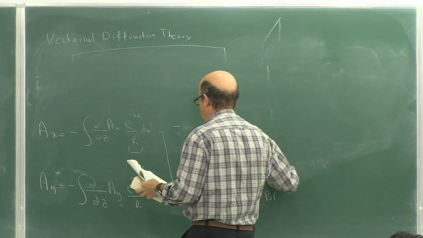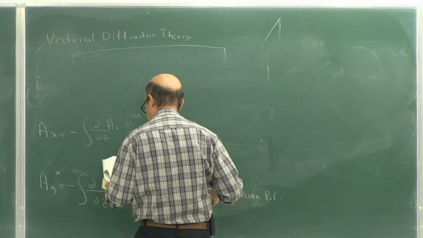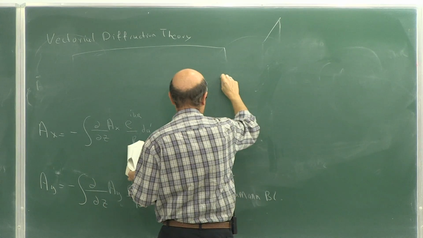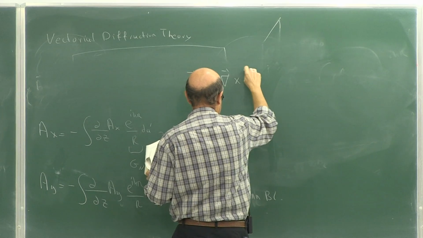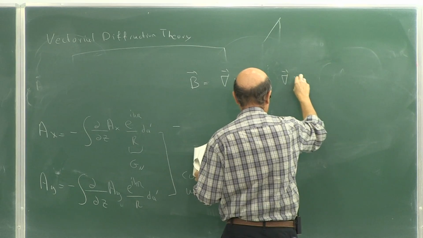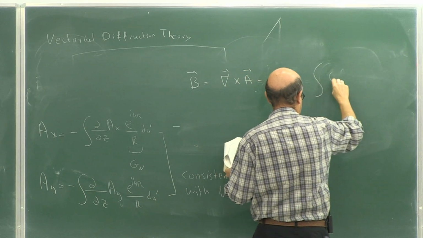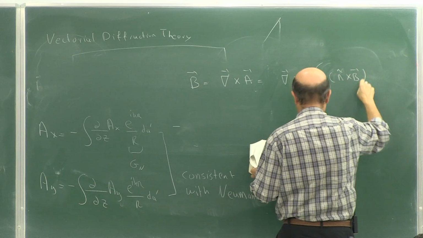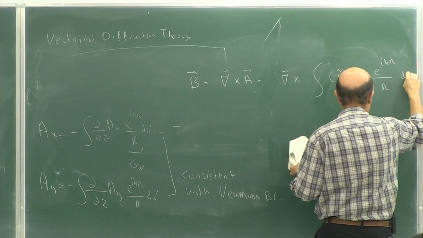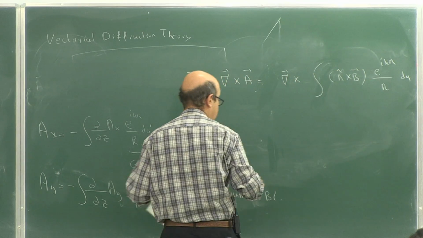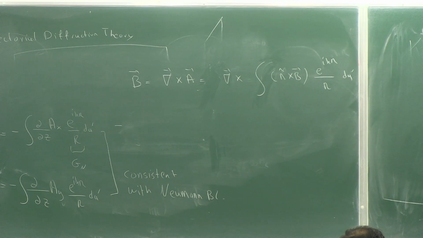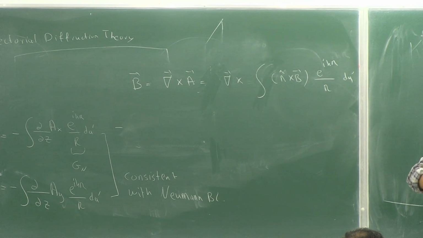So basically, if you know the vector potential, you can calculate the magnetic field by taking the curl of this, and that will be equal to curl of n cross b e to the ikr over r dA prime.